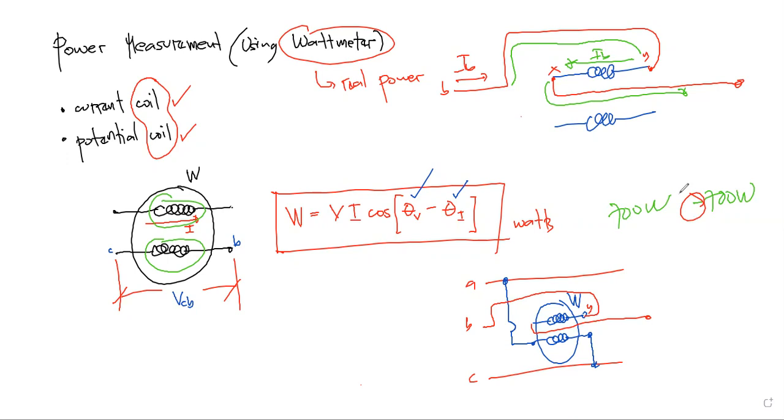Likewise, if the potential coil is connected at a particular terminal, it must be read from left to right. I'll be showing you some examples of how we can use a wattmeter to read, or how a wattmeter indicates, the active power drawn by the load.